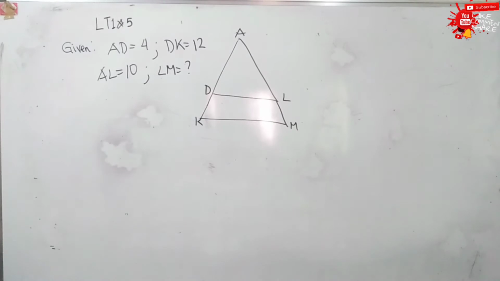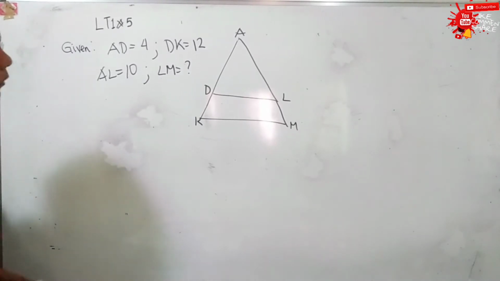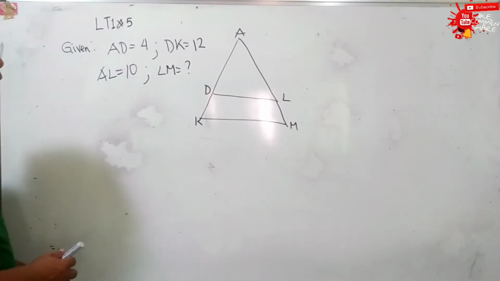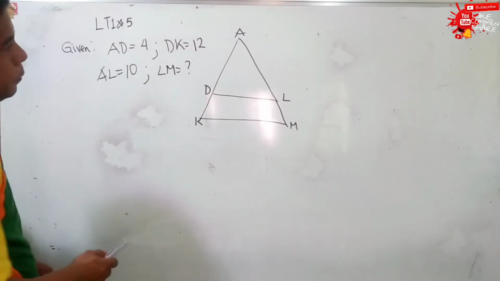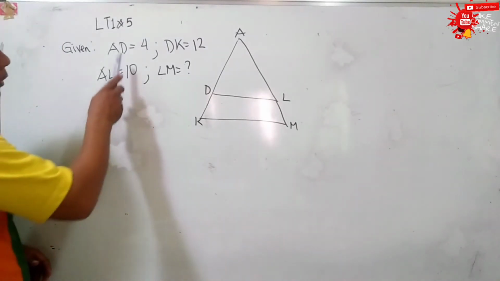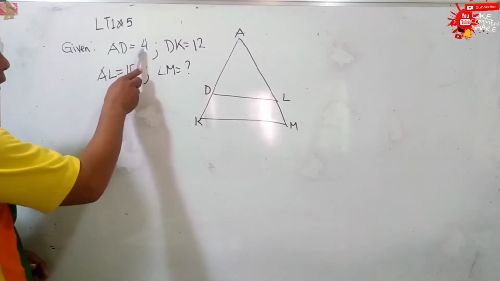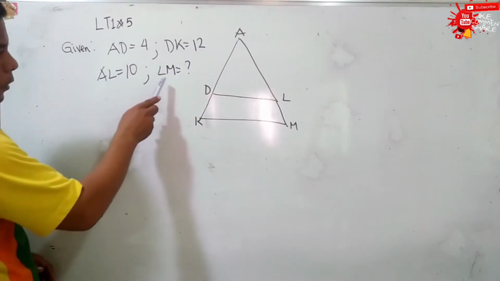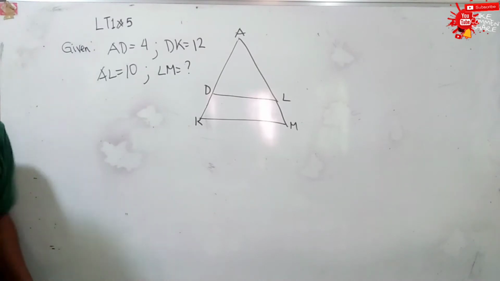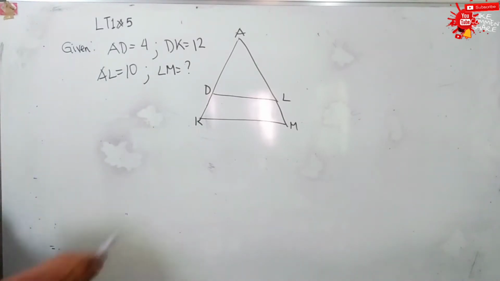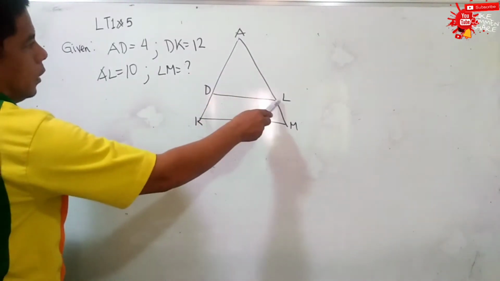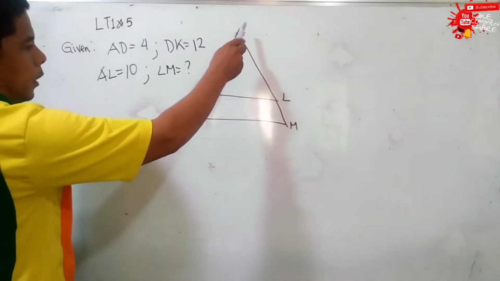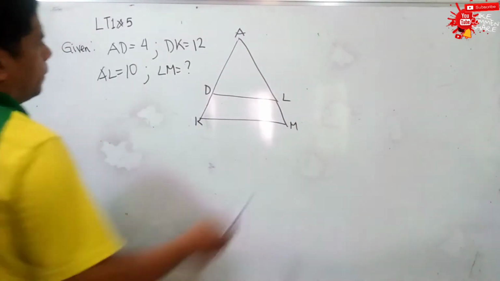Okay, last question sa number 5, Learning Task 1. So, proportionality pa rin to. So, AD equals to 4. DK equals to 12, AL equals to 10, find LM, where triangle ADL is similar to triangle AKM.